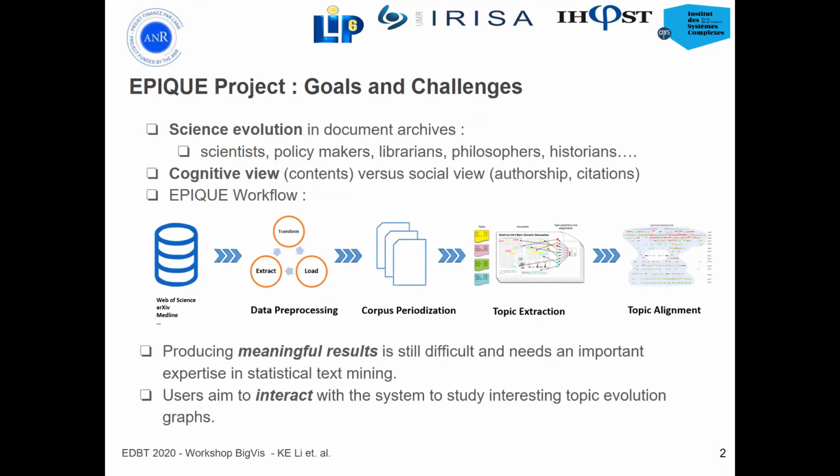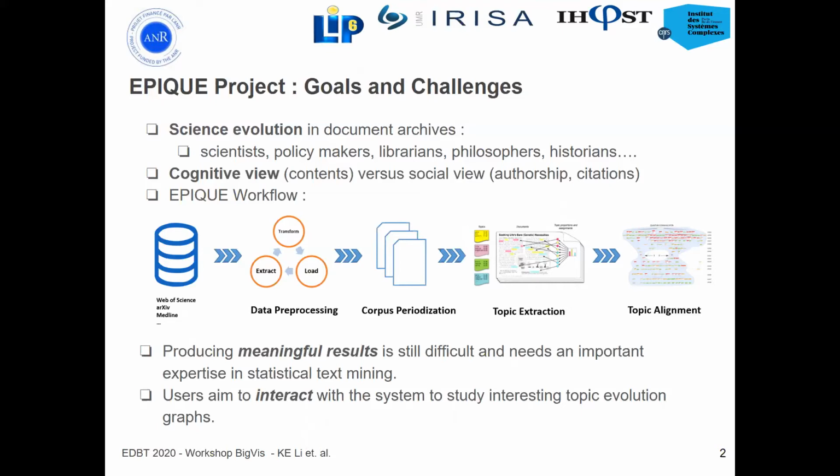The document preprocessing step is followed by a corpus periodization step, which decomposes the document collection according to several continuous, possibly overlapping time windows, which means that the same document may appear in two periods. Each time window defines a corpus period, which is a subset of documents published during the corresponding time period.